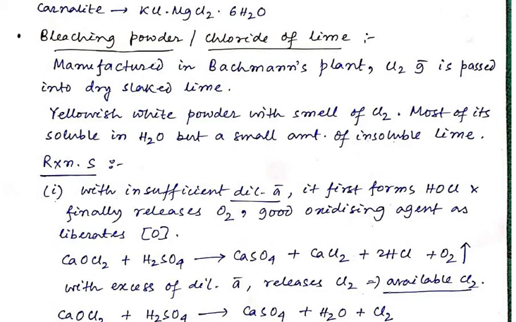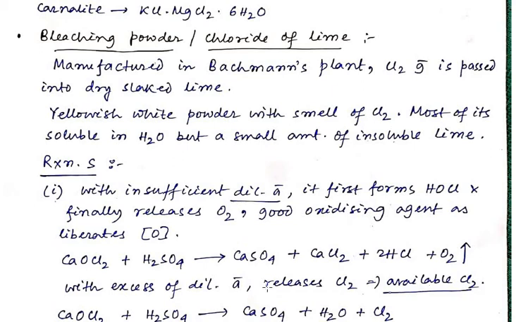The bleaching powder is mainly CaOCl2 and other impurities are also there, which I discussed in my last class. Mainly the CaOCl2, calcium chlorohypochlorite, reacts with H2SO4 and forms calcium sulfate, calcium chloride, HCl, and oxygen.